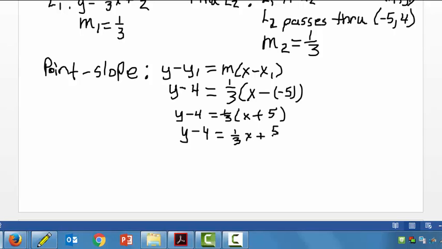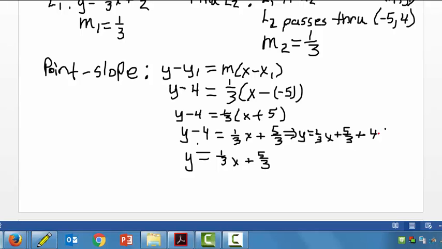So I'm distributing this 1/3. I multiply 1/3 times x and 1/3 times 5. And then I'm going to add 4 to both sides. So y equals 1/3 x plus 5/3 plus 4. 4 can be changed to a fraction whose denominator is 3 by multiplying it by 3 over 3, which is just 1.